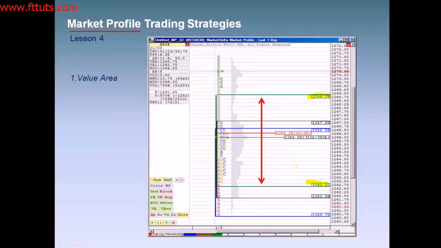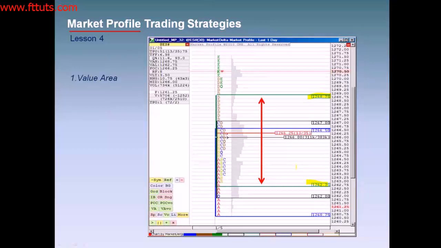Now, the reason I want to highlight these numbers for you is they're going to become important reference lines for us. It's not just enough to be able to identify the value area, but you need to also be able to identify the parameters of the value area, where it is at the extreme at the low and where it is at the extreme at the top.